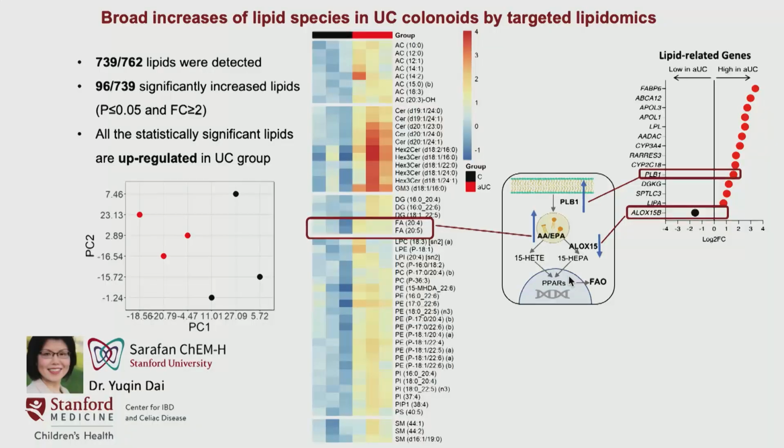And ALOX15, which metabolizes AA and EPA to the downstream pathway, was downregulated. So these regulations may explain the accumulation of these 2 free fatty acids, and they might originate from membrane lipids.